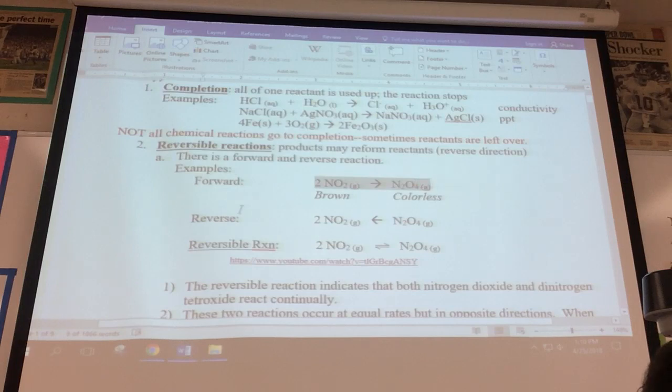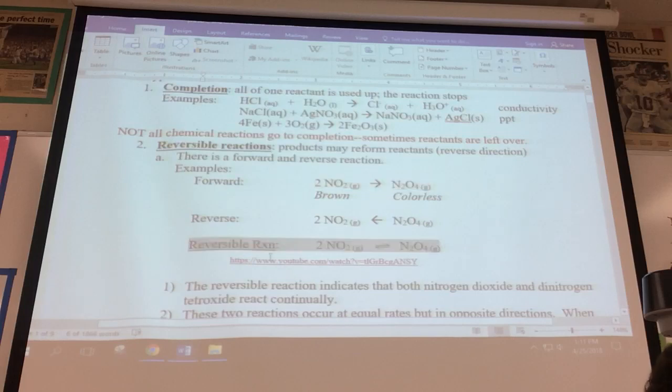Nitrogen dioxide, which is a brown gas, reacts to form dinitrogen tetroxide, which is a colorless or clear gas. You will also see that this colorless or clear gas will break apart to reform the brown nitrogen dioxide. So the reaction can run forward and it can run in reverse.